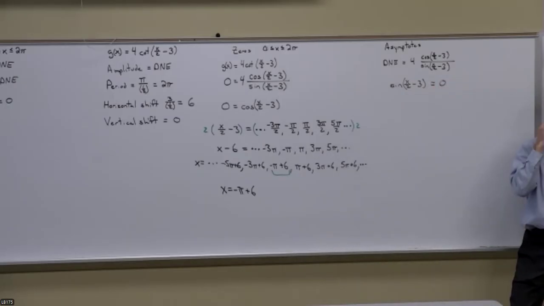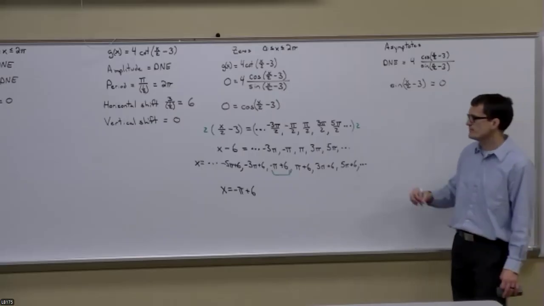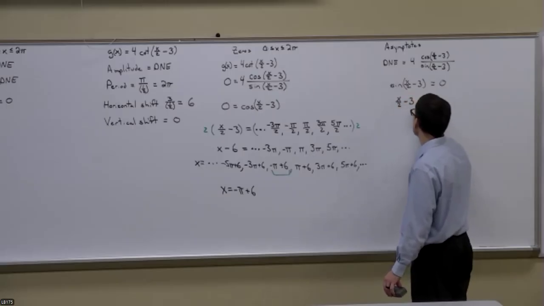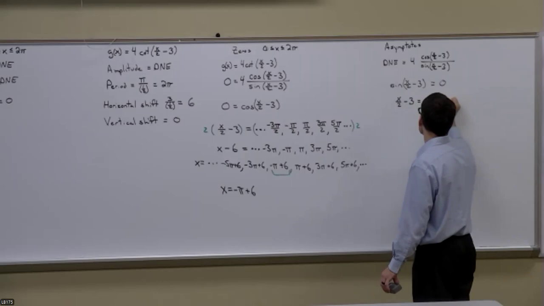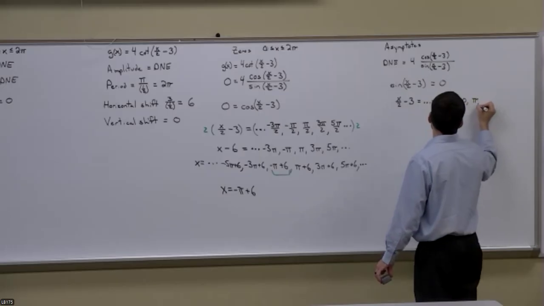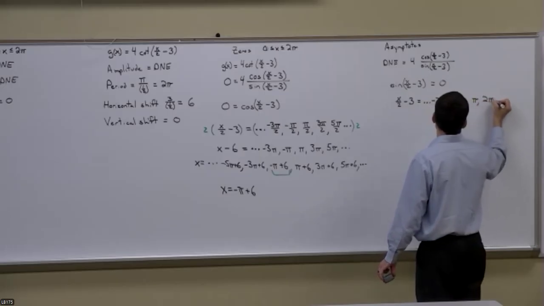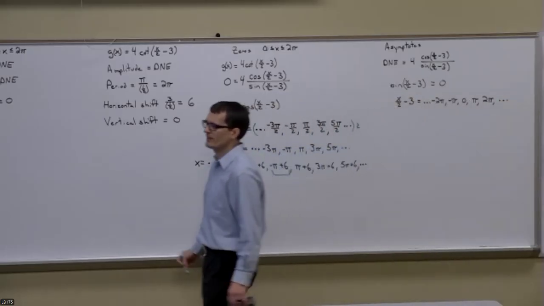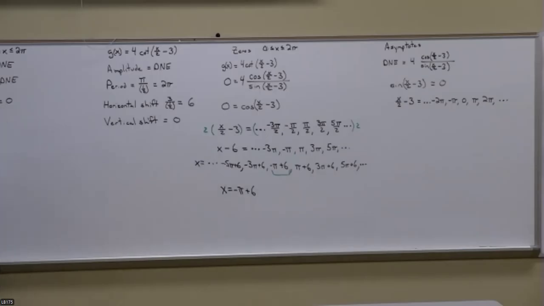In this case, that means the sine has to be equal to 0. So the angle x over 2 minus 3 has to be something like integer times pi.